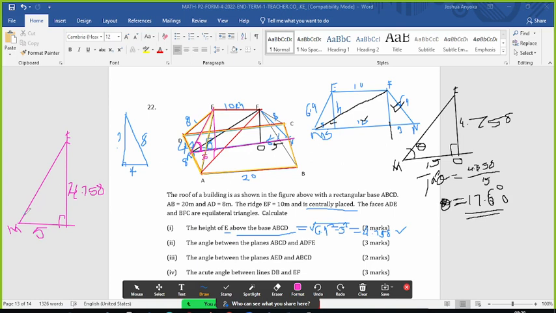With the extraction of this triangle, we are looking for this angle. So you will still say tan theta is equal to opposite, 4.758, over 5. So what is theta?